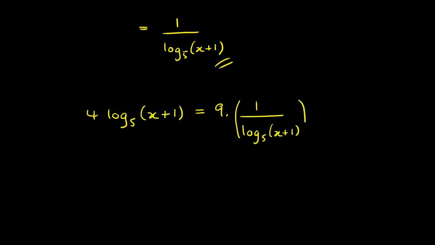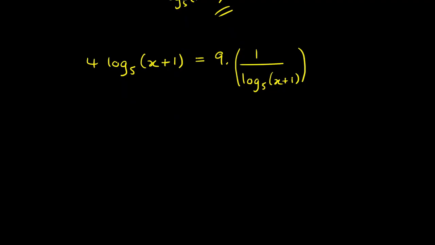All right. Now, in this particular case, I think it's best to use a substitution because you can see that we've got this log base 5 of x plus 1 repeated twice. So even though it's not strictly speaking necessary, I think it's a good idea. So I'm going to say let u equal log base 5 of x plus 1.